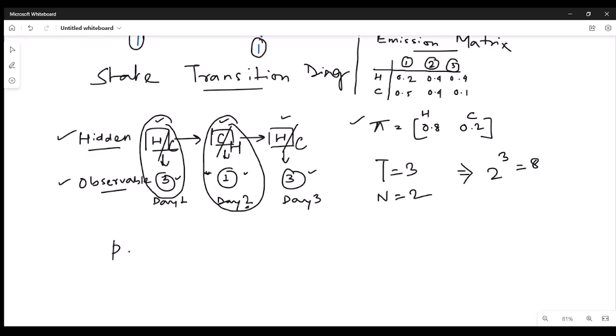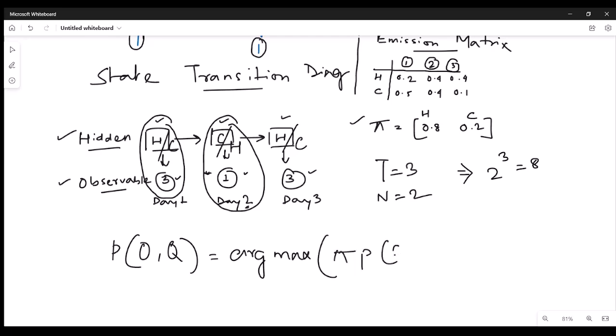This means that the formula that arises is probability of initial state to the final state suggests argmax of the product of the emission probability of the ith state with q of i, into the transition probability of q i given q of i minus 1.